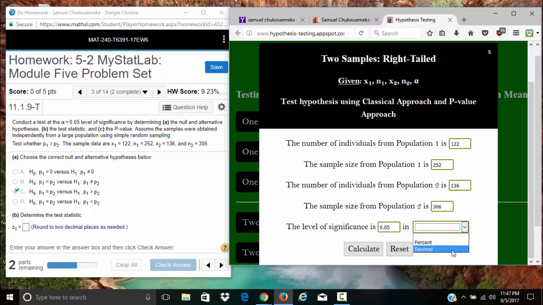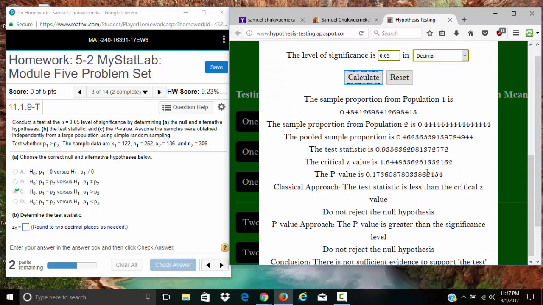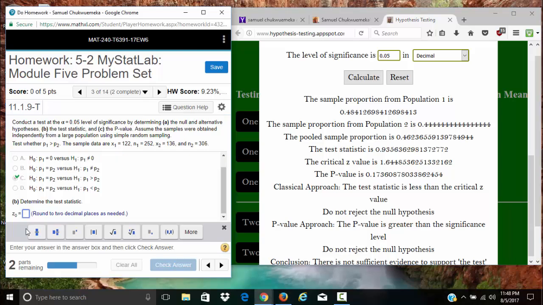If you want, you can put 5 and select percent. It will give you the same thing. And you click calculate. You scroll down to see the test statistic, rounded to 2 decimal places. So this will be 0.94, the test statistic.